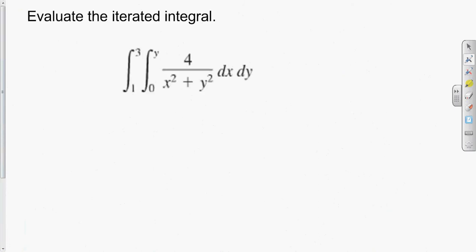So now, let's see if I can do this and you see how this has worked. First, we integrate.